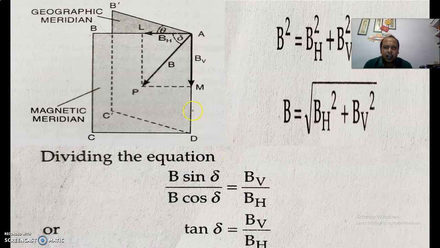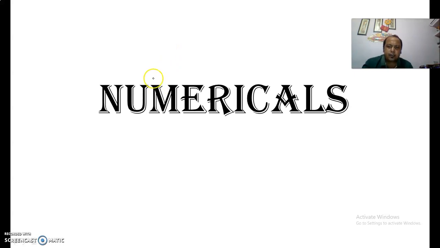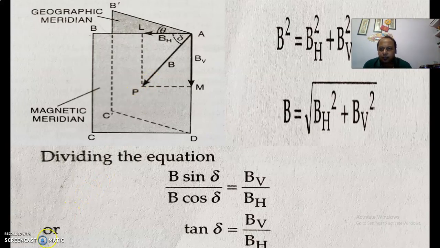Now tangent del, the tangent of the angle of dip. This is the del here, so this line actually represents BV. So tangent del will be opposite side or perpendicular by base, so tangent del will be BV upon BH. So the value of del, that is the angle of dip, can be calculated very easily.